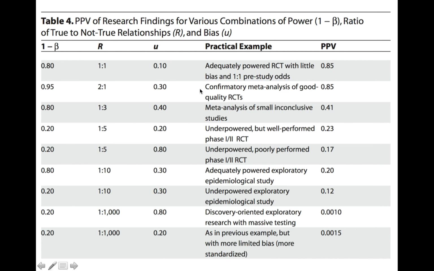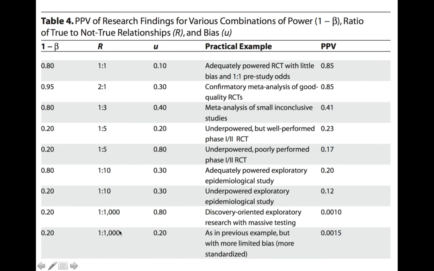Here's the rest of the table. Actually, I don't even know if this is the full table. I probably cut some out. So here we have really high power, 2:1, more bias. This is a confirmatory meta-analysis of good quality RCTs, and the PPV is high. You can see this ratio here is now 2:1, which means you get 2 true results for every not true result.